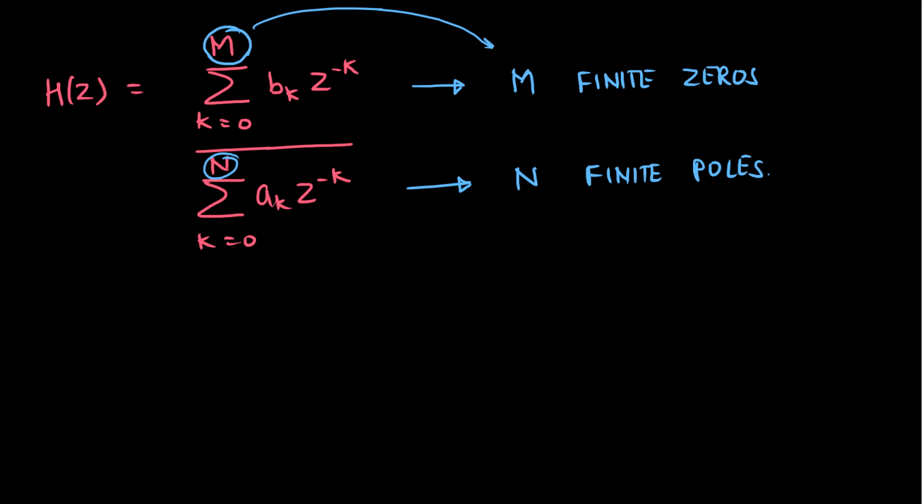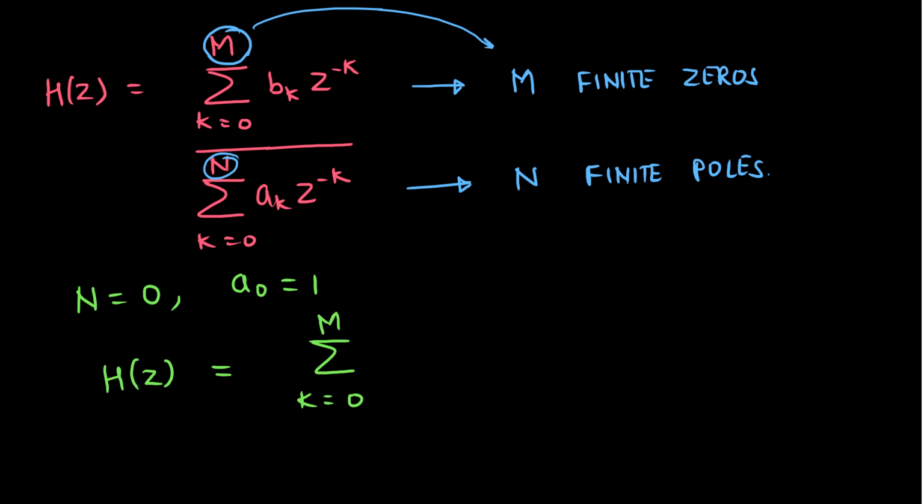Now we have analyzed the case in which the value of n is equal to 0 and the value of a0 is equal to 1. So in this case the value of h of z reduces to summation k running from 0 to m bk into z to the power minus k. So this results in an expression or a filter whose length is given as m plus 1.